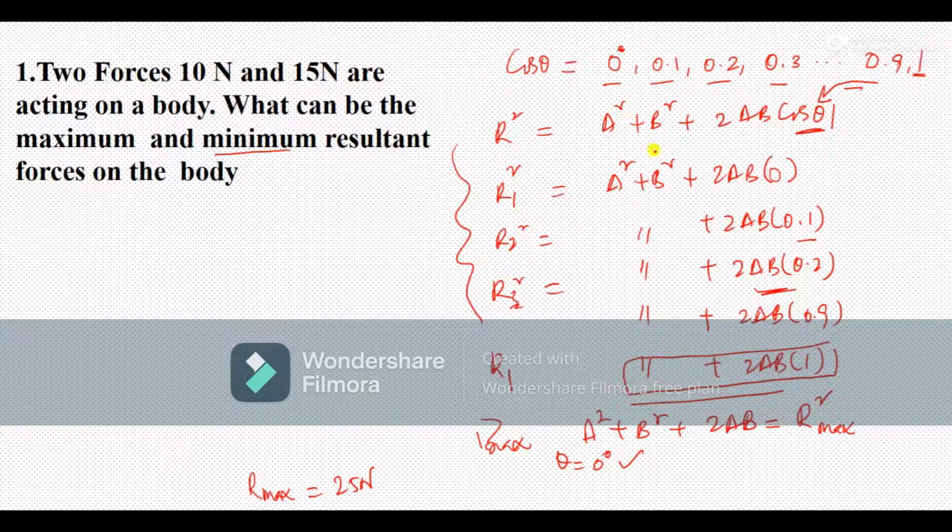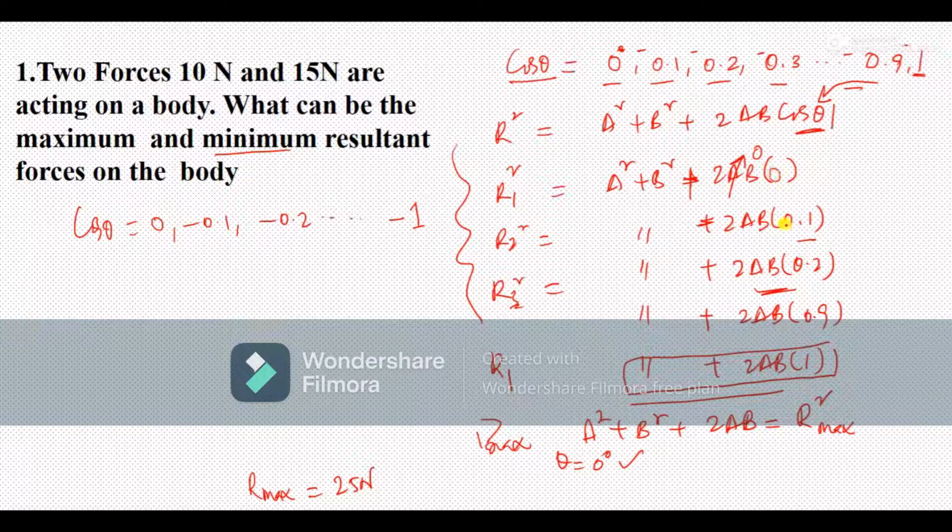How will we find it? See, in this equation, suppose the cos theta is taking negative values, that means minus 0.1, minus 0.2, minus 0.3, minus 0.9, minus 1. That means cos theta goes from 0 to minus 0.1, minus 0.2, to minus 1. Similarly, what happens here? This is 0, 0 doesn't change anything. Here it becomes minus, there is no more plus.